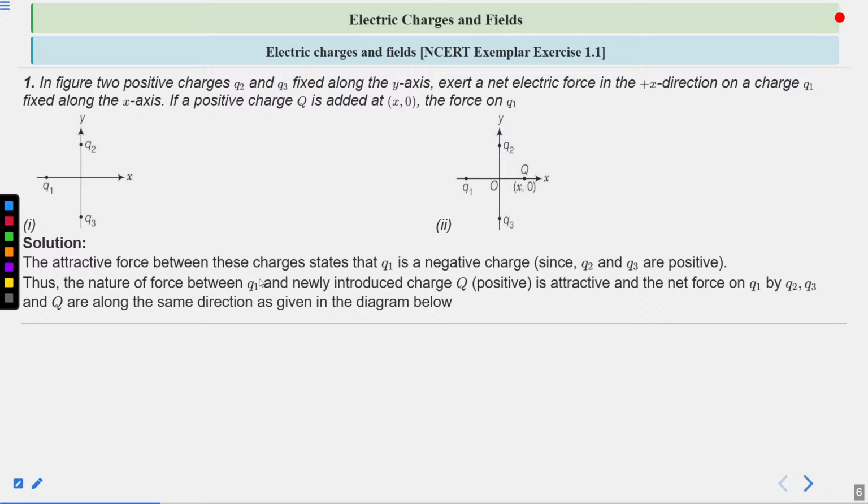The nature of the force between Q1 and the newly introduced charge Q, this one, is positive, it is attractive, and the net force on Q1 by Q2, Q3 and Q is along the same direction as given in the figure, this one, in the same direction, or we can say along the positive x-axis. This is clear?